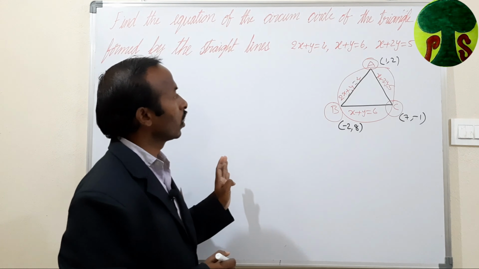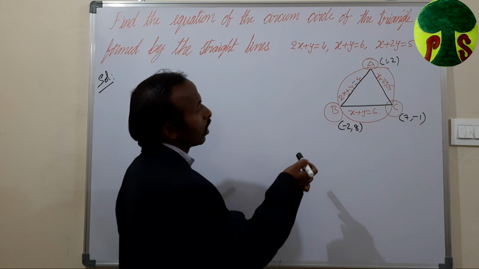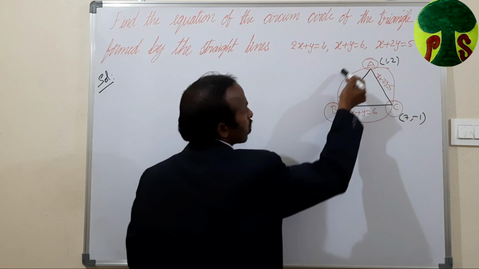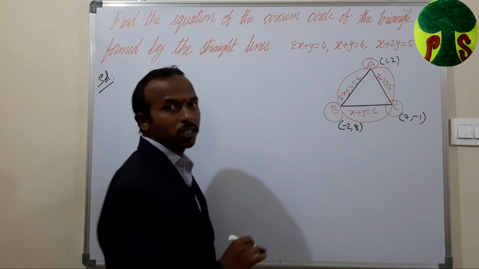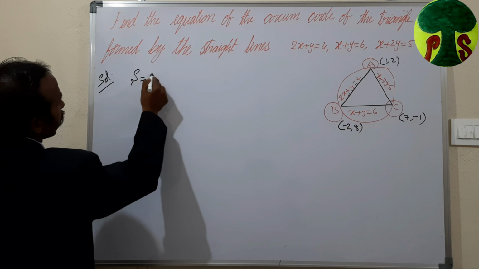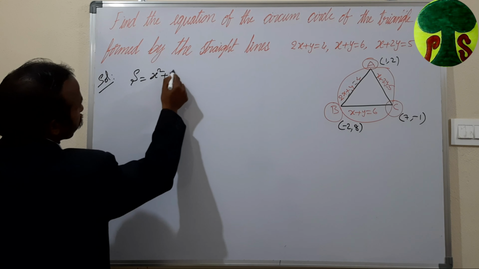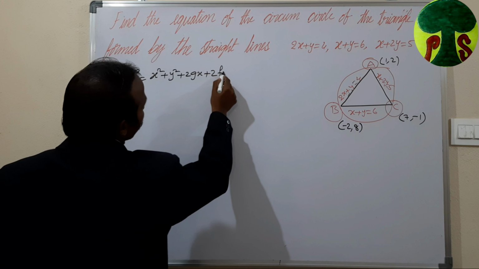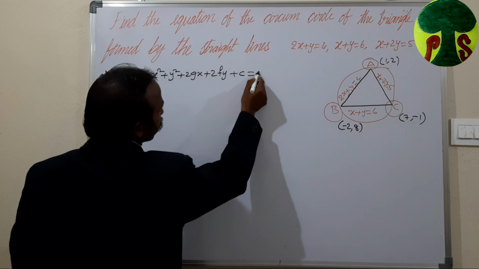Now the question is, we have to find the circle equation, the circle which passes through this ABC vertex. Let S equal to x square plus y square plus 2gx plus 2fy plus c equal to 0.